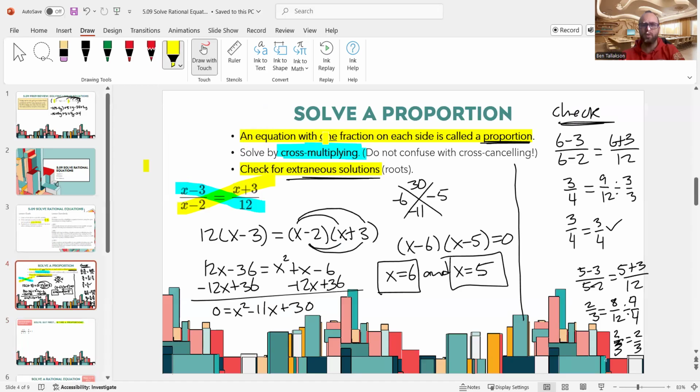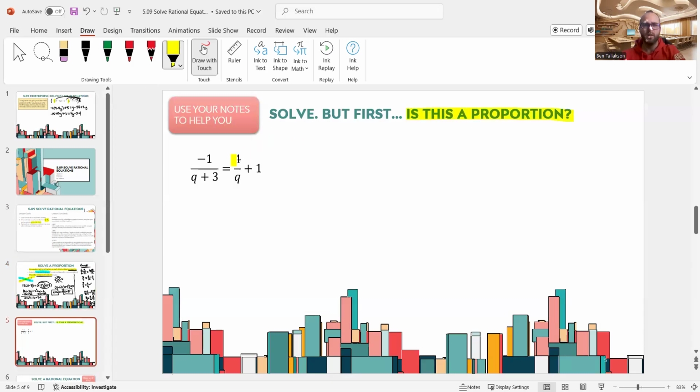An equation with one fraction on each side, only one, is called a proportion. While here we have one fraction, but here we do not, right? Technically, we have two, because you can write one as 1 over 1, can't you?